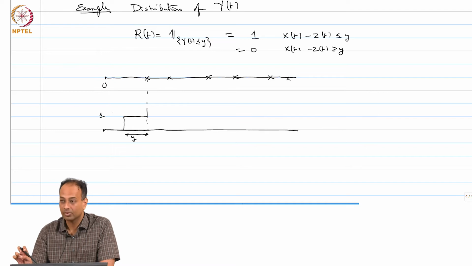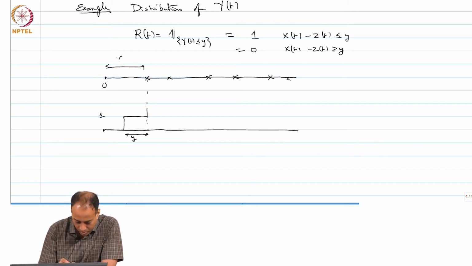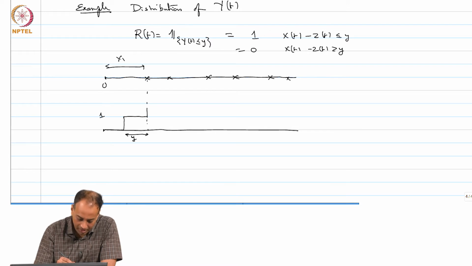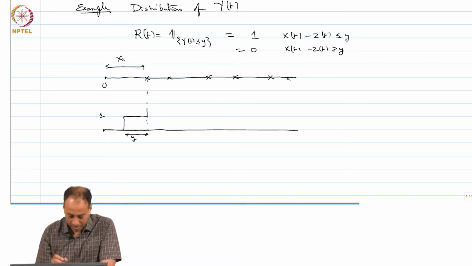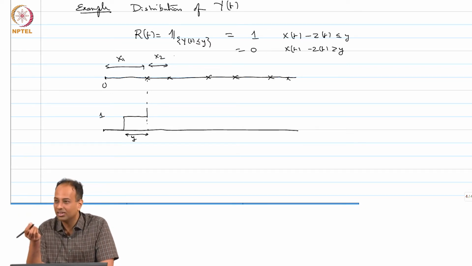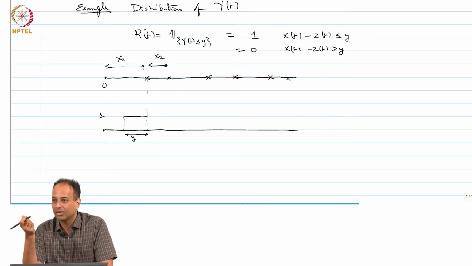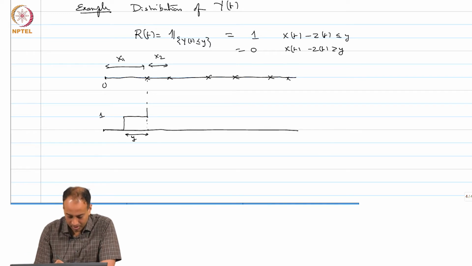Again it will become 0 here if the next renewal interval is greater than y. So this is x1, and the way I have drawn it, x1 is bigger than little y, that is why it was 0 here, and when the residual time became less than or equal to y, I got a reward of 1. The way I have drawn it, x2 is smaller deliberately. So, if x2 were less than y, I will start accumulating a reward of 1 straight away.